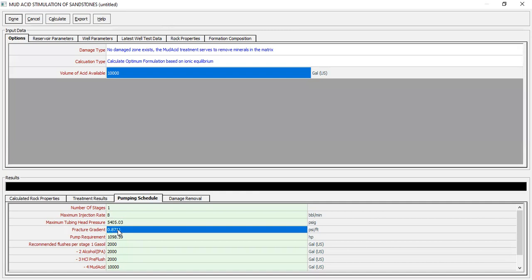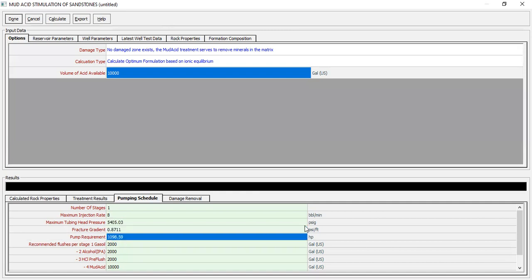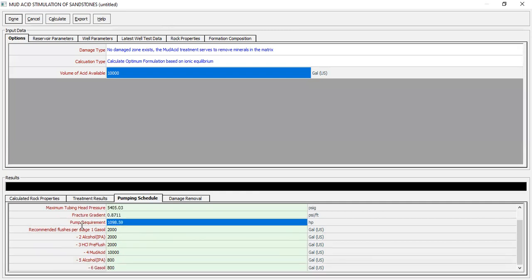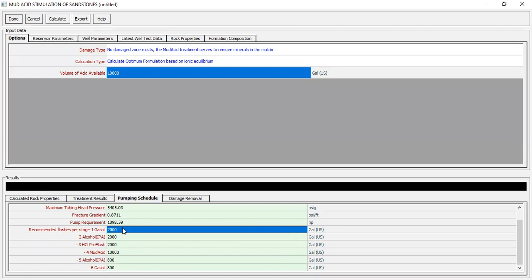Fracture gradient, calculated pump requirement, the horsepower, recommended flushes per stage. All right, 2000 gas oil in gallon. With this one, the alcohol, the HCl pre-flush, matte acid, all right, the alcohol again, and gas oil.